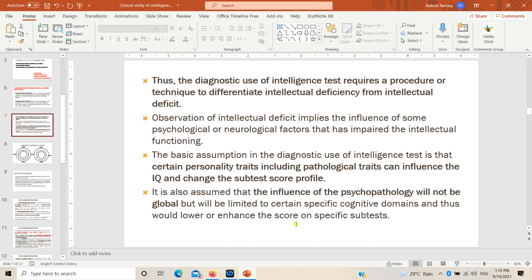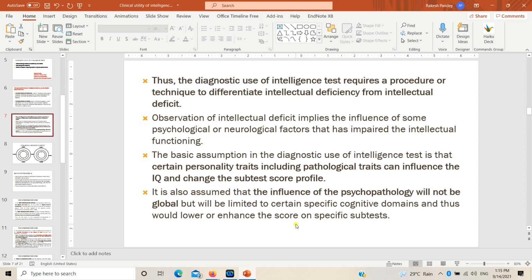So the basic assumption in the diagnostic use of intelligence tests, and when I say diagnostic use I mean other than diagnosis of mental retardation, is that certain personality traits, including pathological traits, can influence the intelligence quotient of an individual, and thus can change the subtest score profile of that individual.